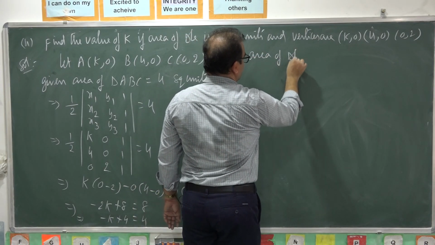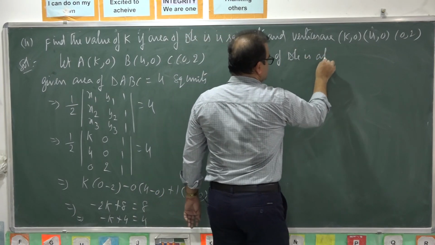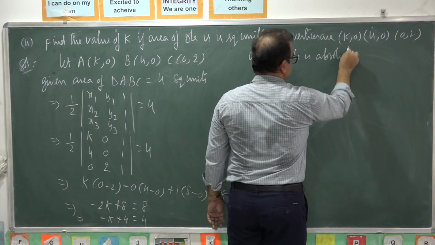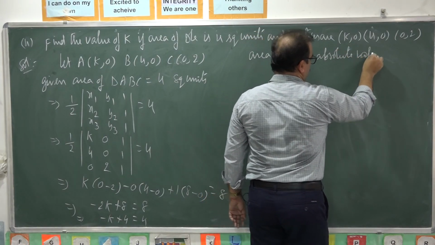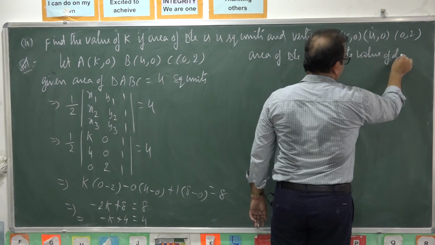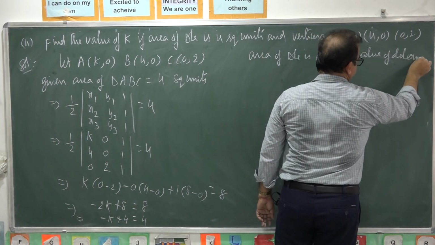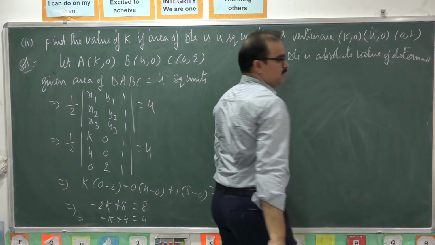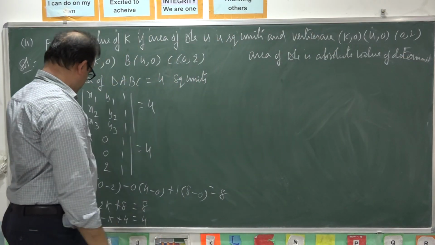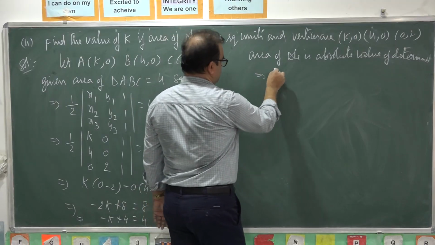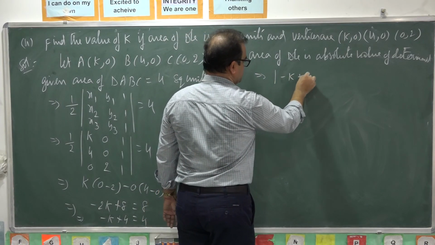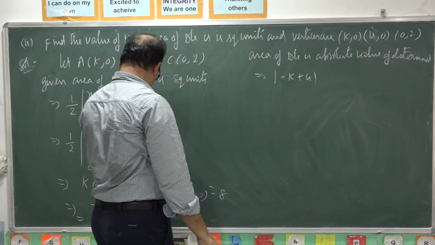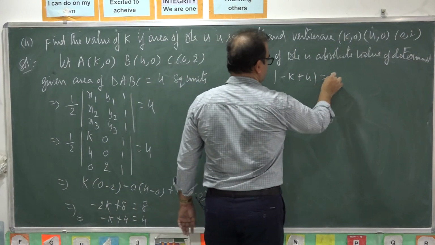Absolute value means modulus value. So that implies mod of minus k plus 4 is equal to 4.